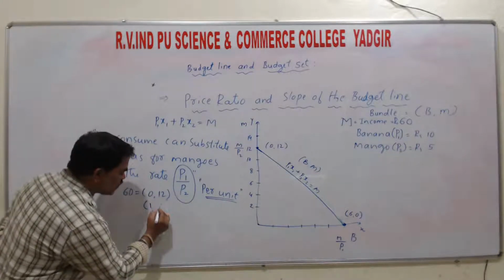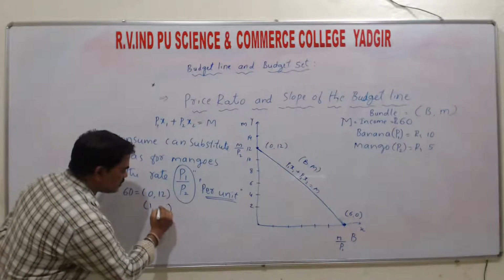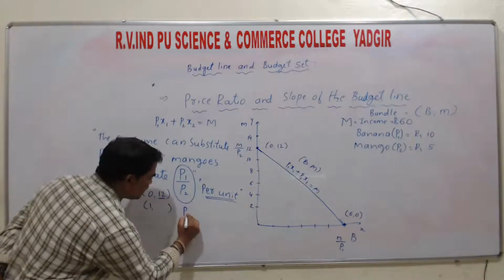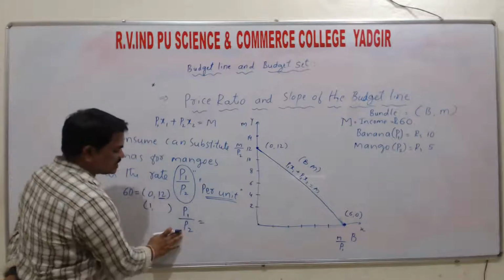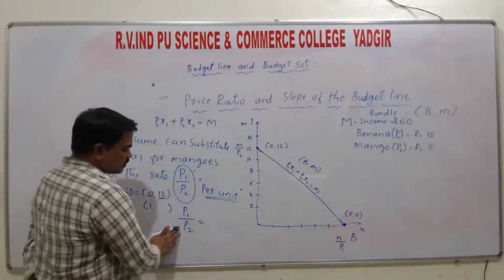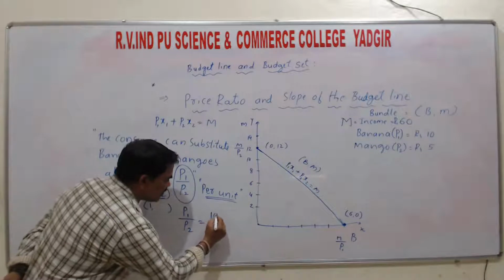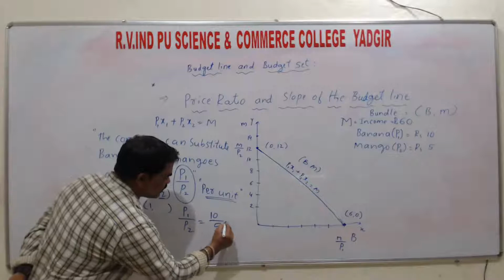So now what is the quantity here? He has to substitute from 12 to how much? That quantity of substitution is given by this. This is the price ratio. At this rate, he has to substitute. What is the price of the banana? That we have taken as 10, and the price of the mango is 5.